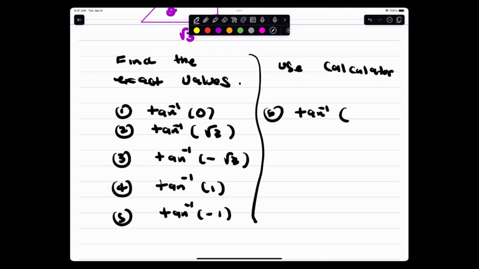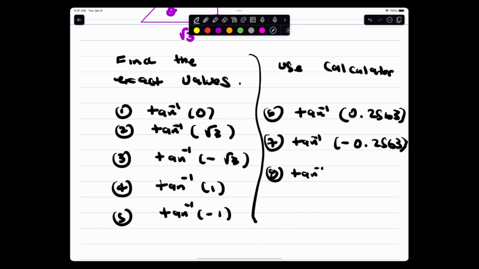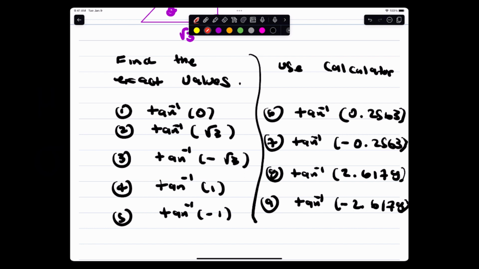Inverse tangent of, and we'll say go to the nearest what, and you approximate, whole degree, I guess.